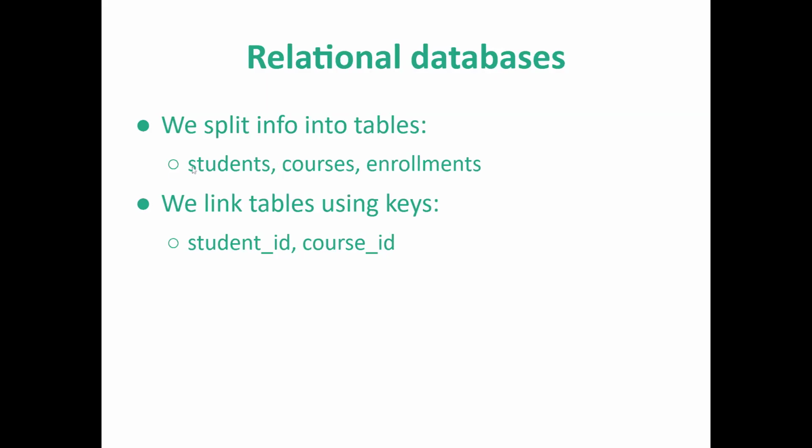So these are three different tables. There will be one database, and inside that database there will be multiple tables. We link these tables using keys. Just the way I told you, there will be one unique ID. For example, in students, there will be a student ID that will be unique. In courses, there will be a course ID that will be unique. In a similar way, we follow this.